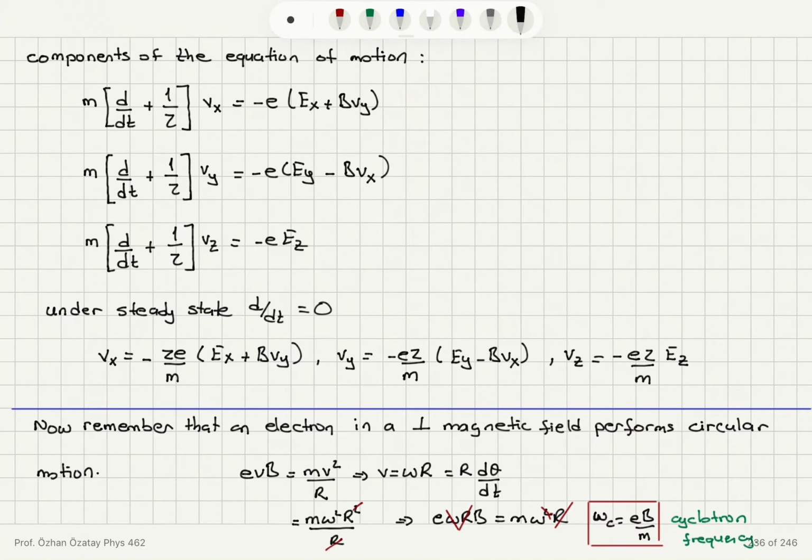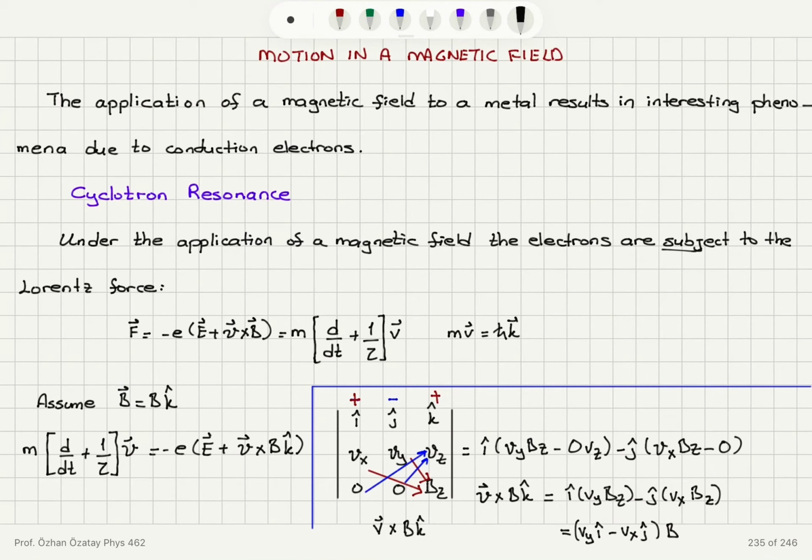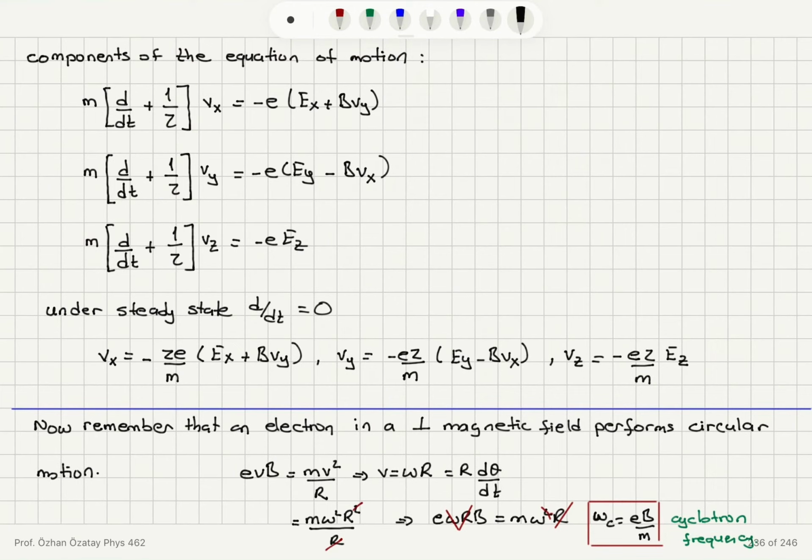That's the y component of the cross product between velocity and magnetic field. And for the z component, we have no k hat component in v cross B, so it's going to be minus e Ez.